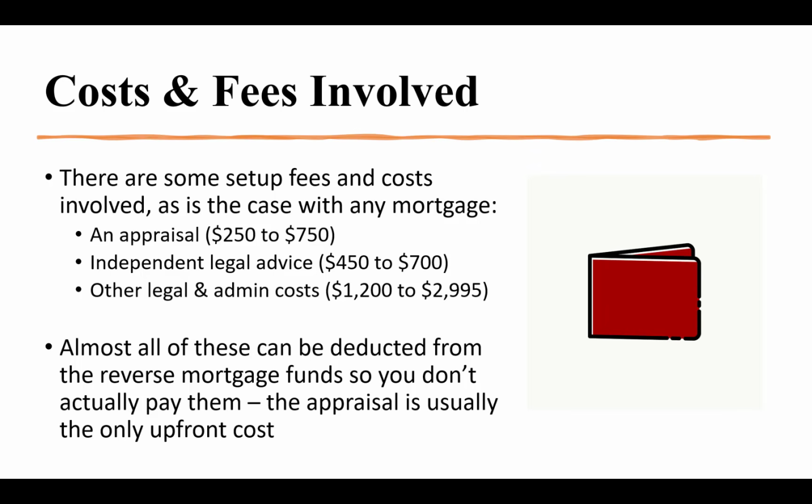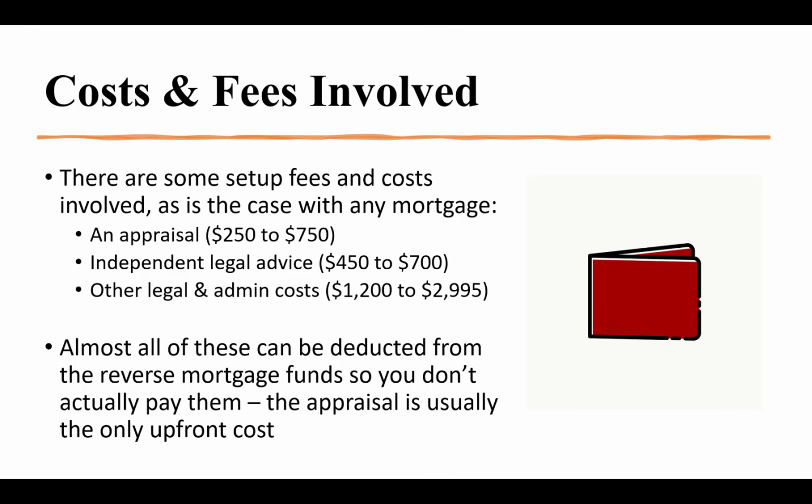So you'll have to take out an appraisal. If you're refinancing or taking out a new mortgage with any bank in Canada, any lender, anywhere, you need an appraisal. You'll need to take out independent legal advice, and this can range from about $450 to $700. This is to make sure that you're reading the contract, you're not signing something that you don't want to be, and you're getting proper professional advice.